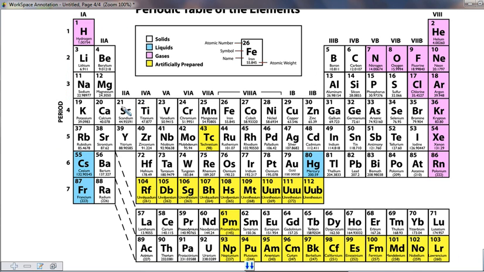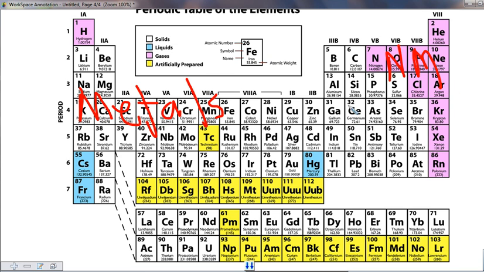The periodic table is also divided into three groups of elements. The elements on the left-hand side are metals, and on our right-hand side, we have our non-metals, which I will abbreviate by NM.